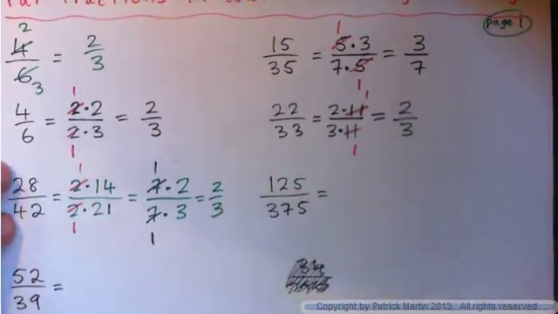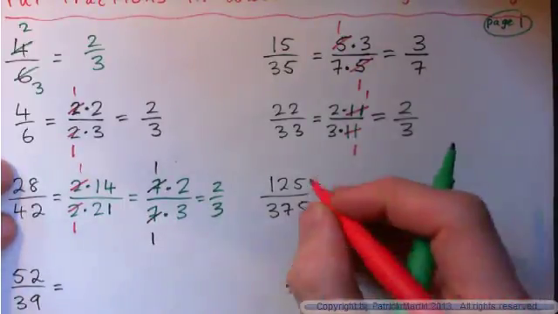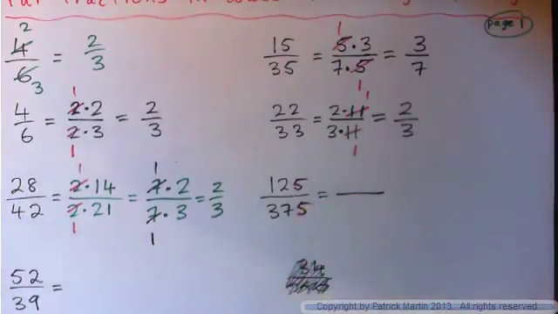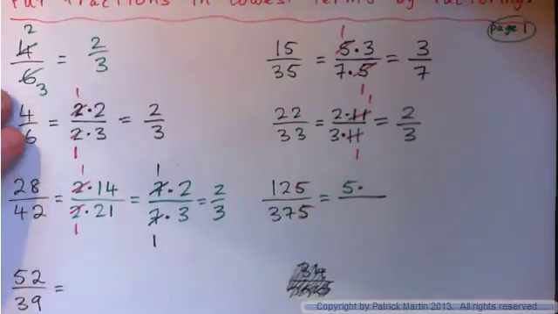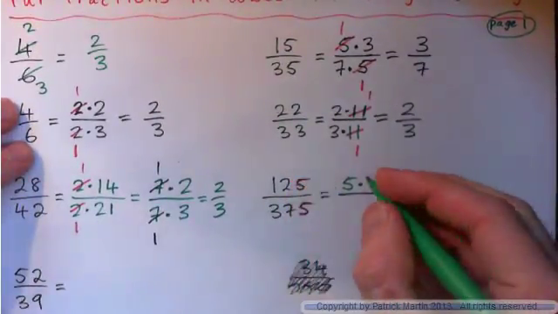Okay, try this guy. I want you to factorize the top, and you know the top is going to be 5 times. Look, the last digit in these numbers is 5, right? So what goes into each number? Well, 5 definitely goes into each number, right? So we'll factorize a 5 out of there. So 5 times what gives 125, right? And you got to divide. It's 5 into 12 goes twice.